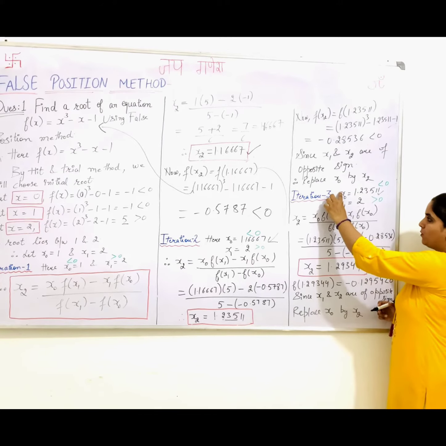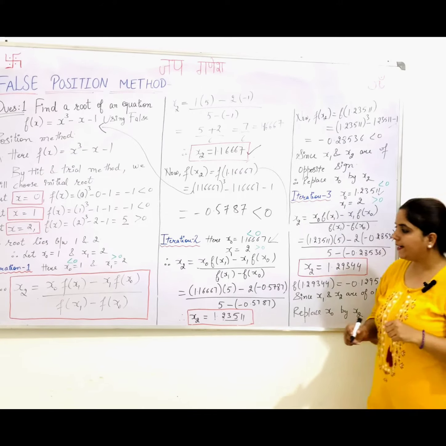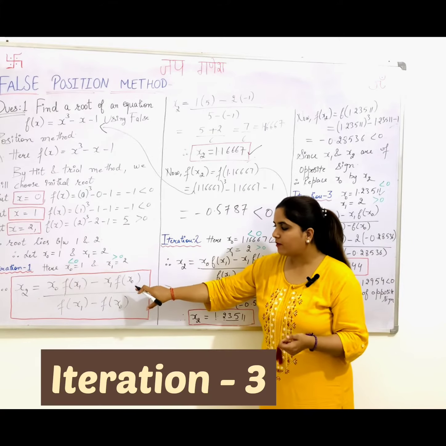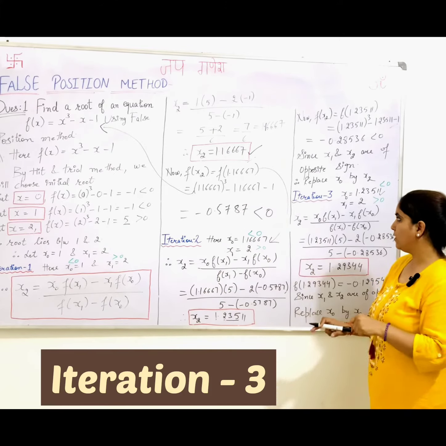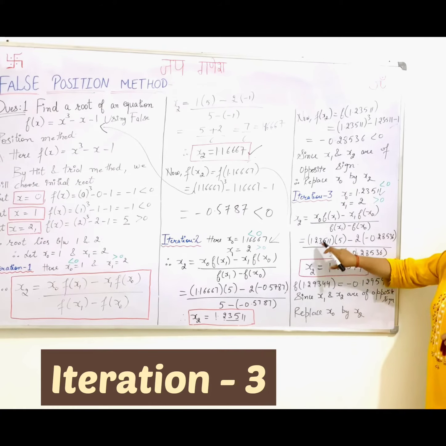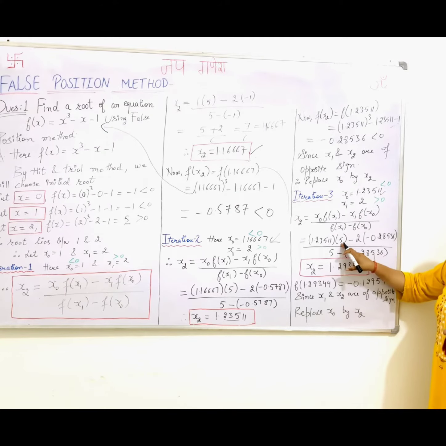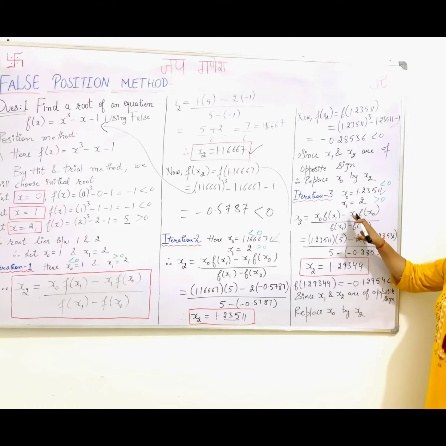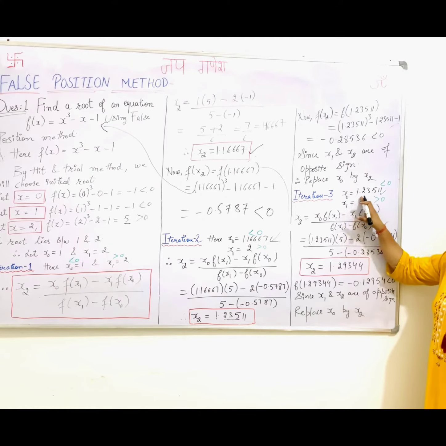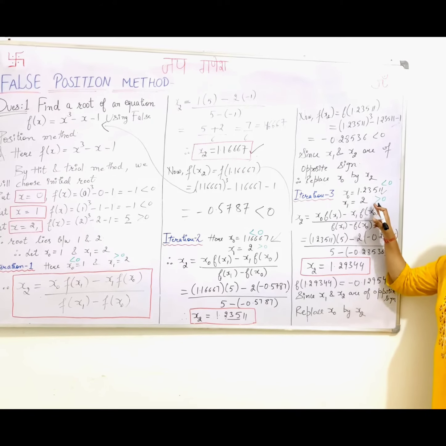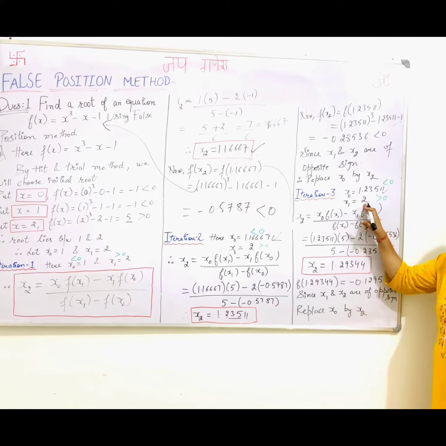Because these both will be used in a combined form in the formula. You can see x0 and x1 both have been used in the formula. So here x0 again 1.23511, x1 is 2. One important thing is that try to choose the smaller as x0 and the larger as x1. You can see 1.23511 is smaller value and 2 is the larger value.